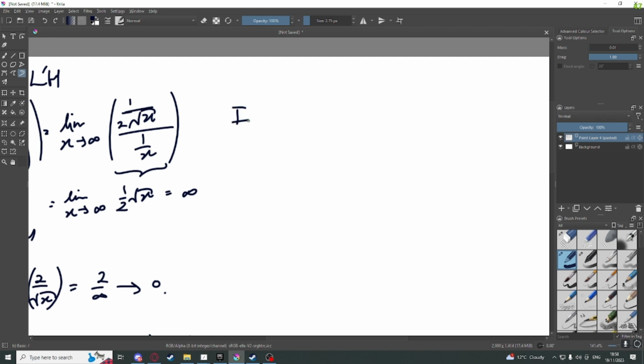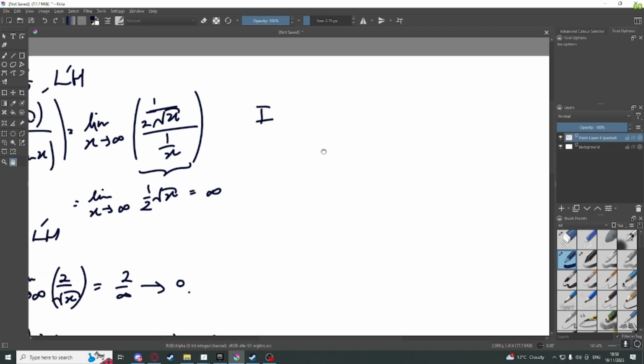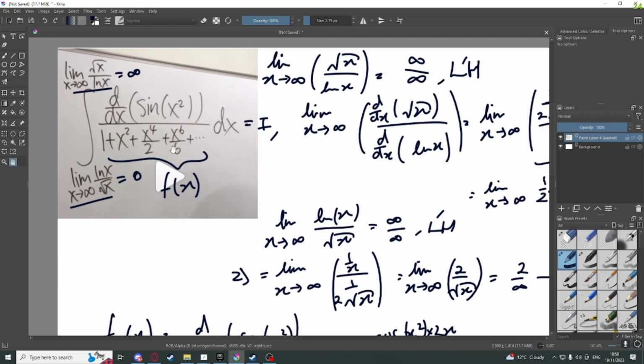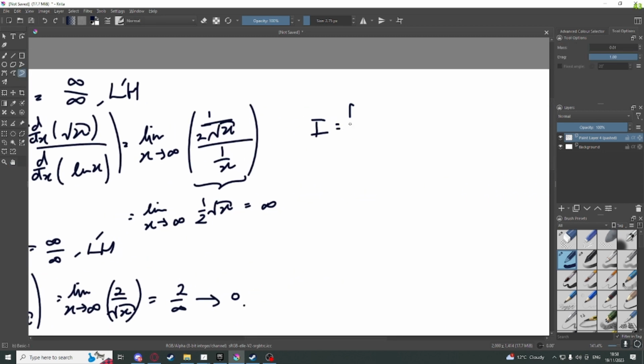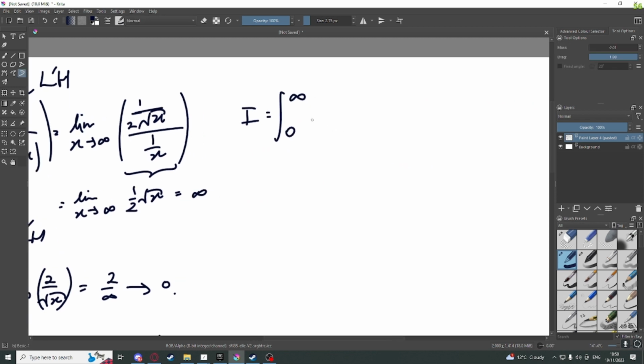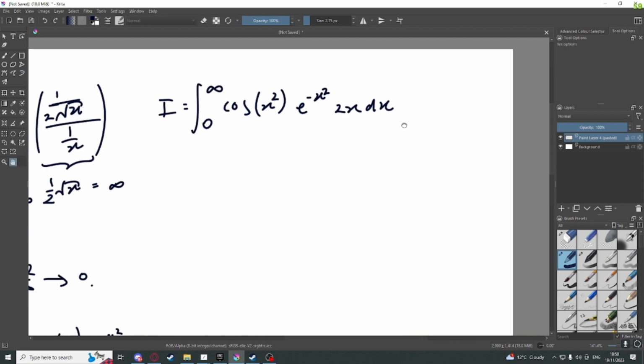my integral I, which is the original question, is also equal to the integral from 0 to infinity of cos of x squared times e to the negative x squared times 2x dx.